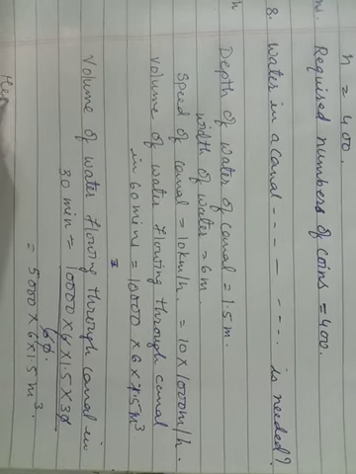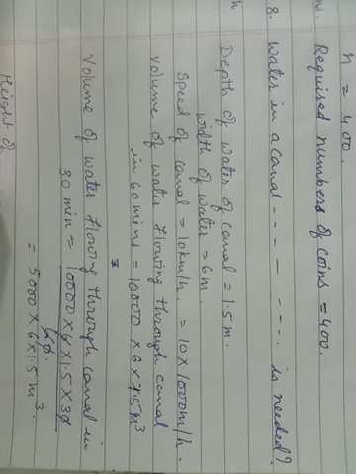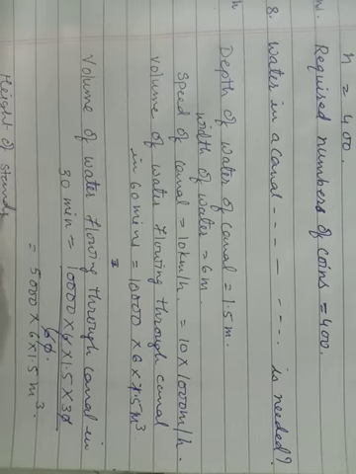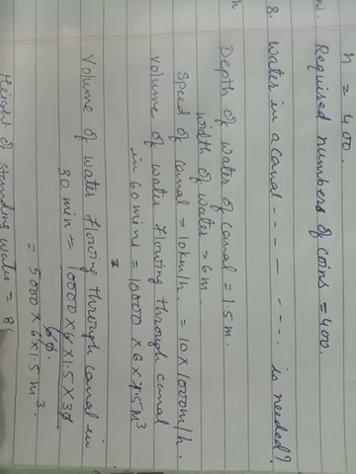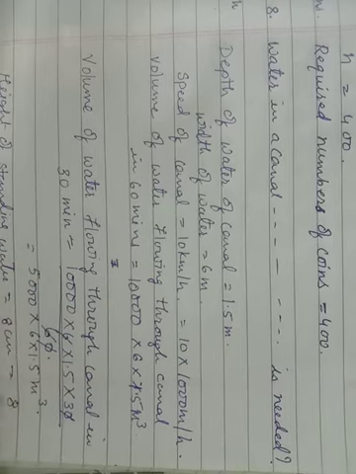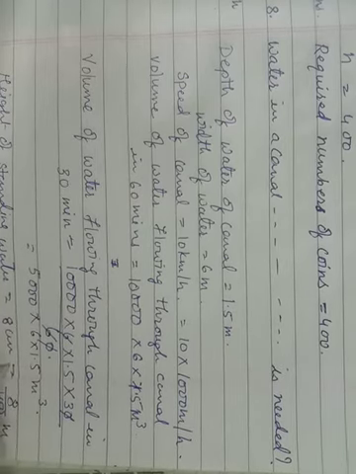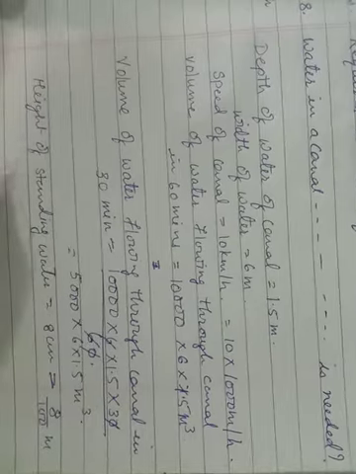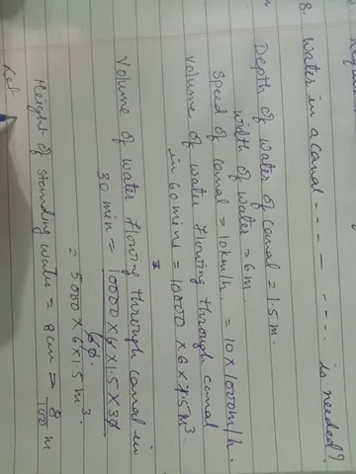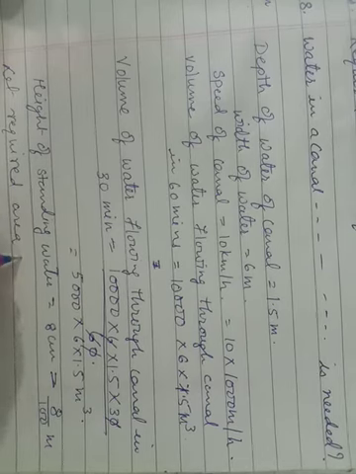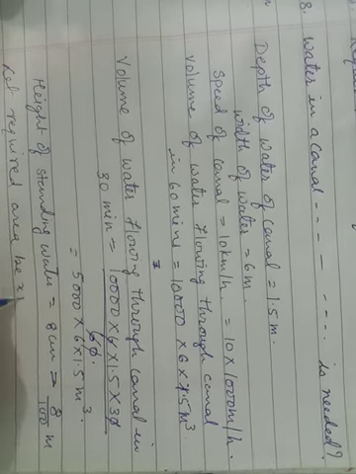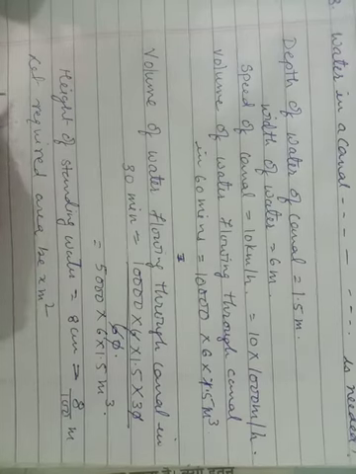So height of standing water is equals to 8 centimeter. Now convert this into meter. We'll get 8 by 100 meter. Let required area, which is to be irrigated, be x meter square.